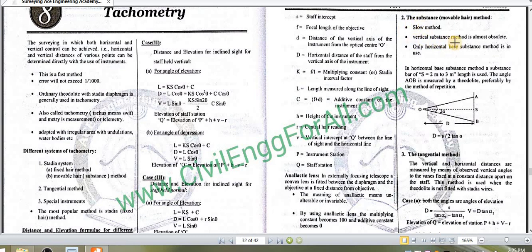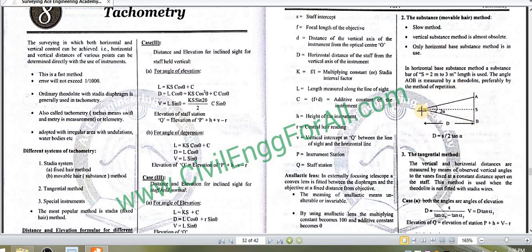The vertical substance method is almost obsolete. Generally this method is not in practice, so the most commonly used method is the first method, the fixed hair method. Only horizontal base substance is in use.